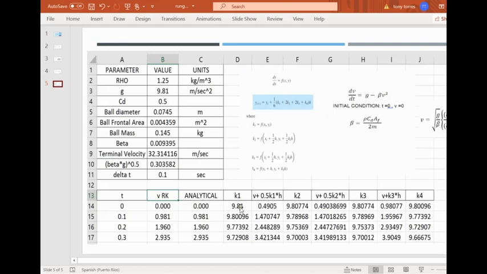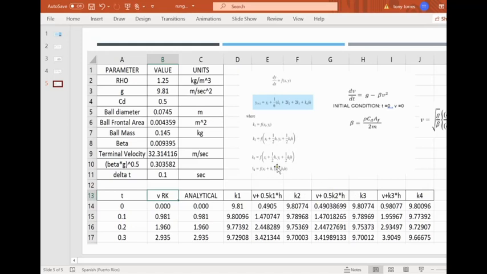Now, to get K2, you need a different argument, and the argument is 1/2 the value of K1 multiplied by the step that you are taking. All that shown here ends up being this number. This number is important because I'm going to use it to calculate my new value of K2. So K2 is evaluated using this argument as shown here. The same is for K3.